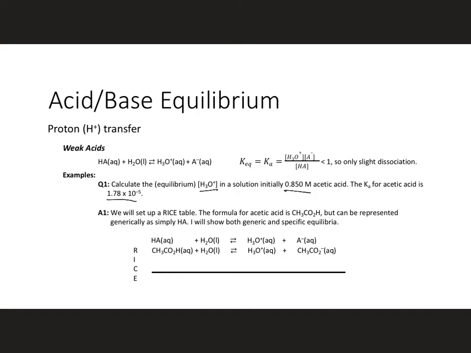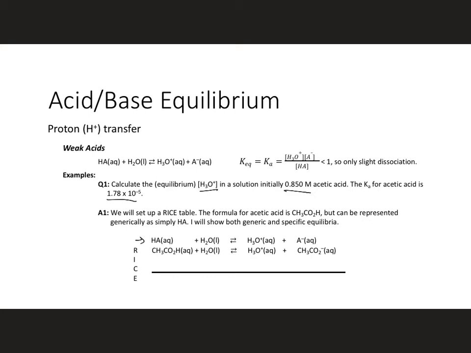So to approach this, we're going to set up our rice table. Now, the formula for acetic acid is CH3CO2H, but we can represent it generically as simply HA. What we're concerned with here is that this is an acid, so that it has a proton that it can donate. So generically, here we go.